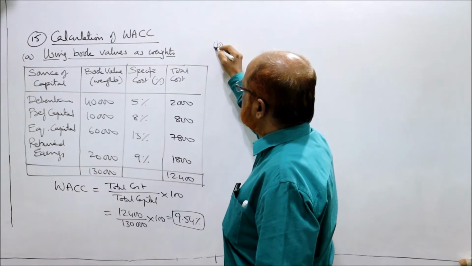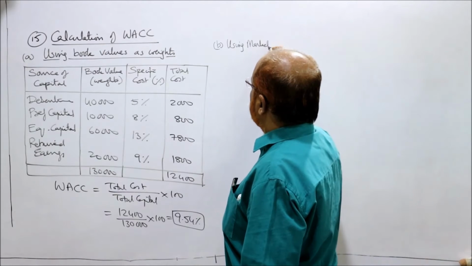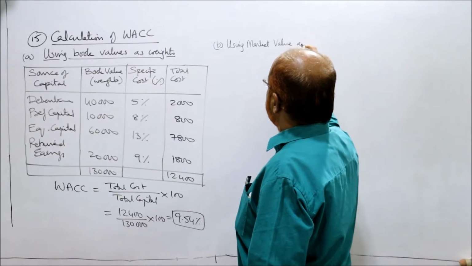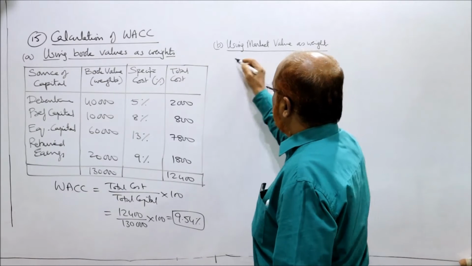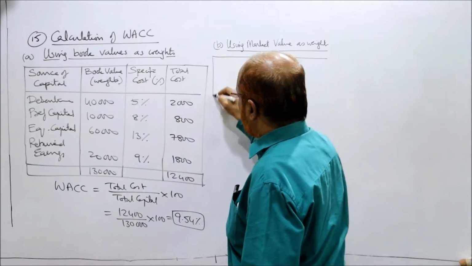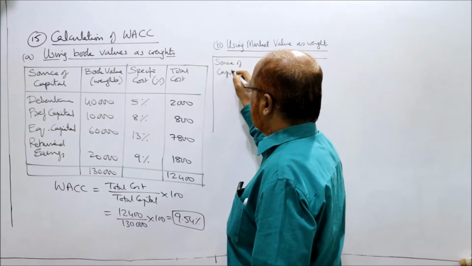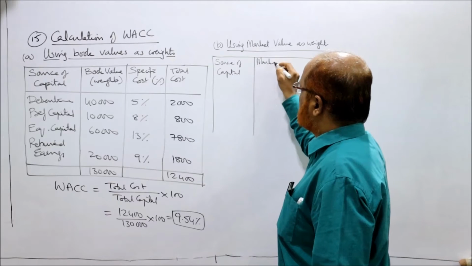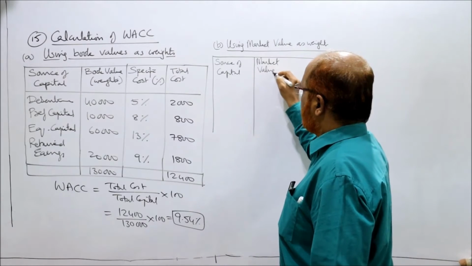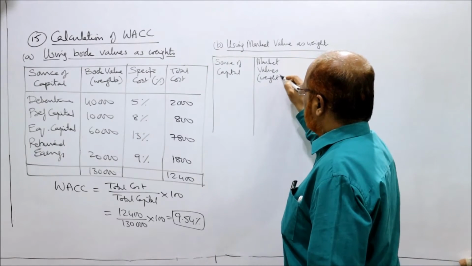Now second is using market value as weights. First one we have taken book value as weights. Secondly we have to take the market value as weights. The source of capital. Then we have market values, weights.